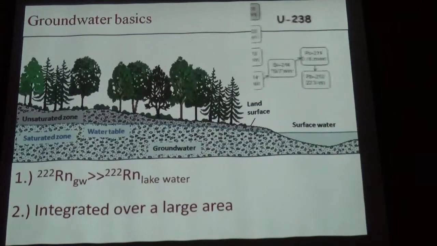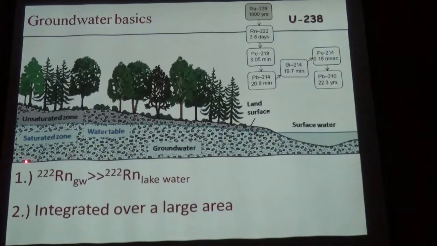In the case of radon, as I said, this groundwater is going to have a lot of radon because this water has been underground for a long time where the source is, and it's very enriched in radon. I'm talking about 3 orders of magnitude higher concentrations than in surface water. Remember, this radon comes from radium-226, and radium-226 is part of the composition of the aquifer.